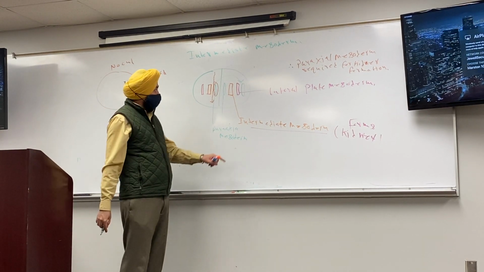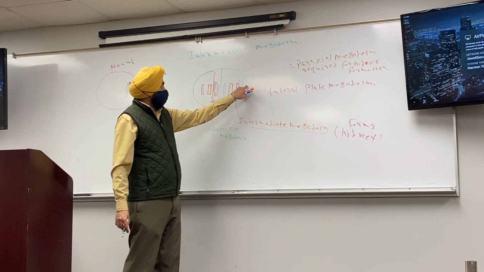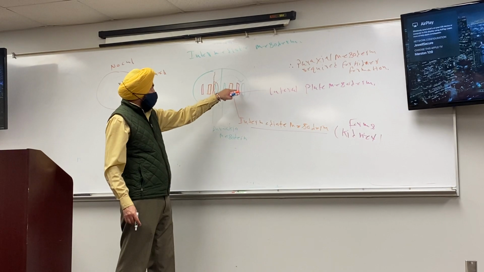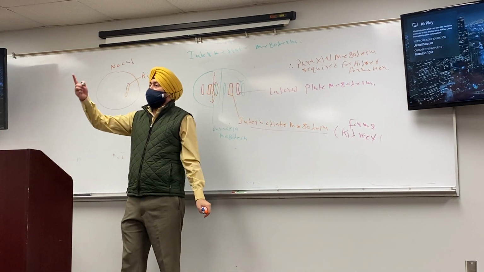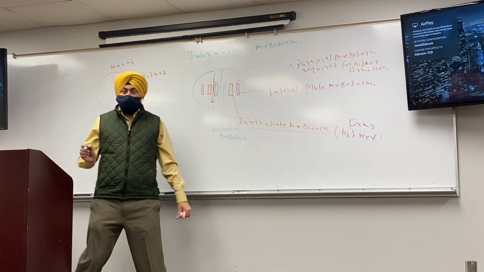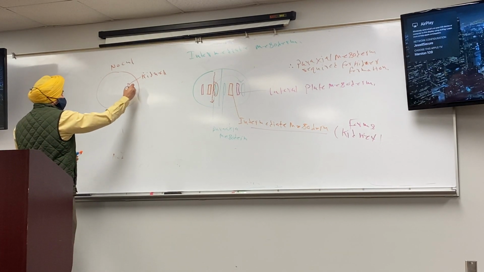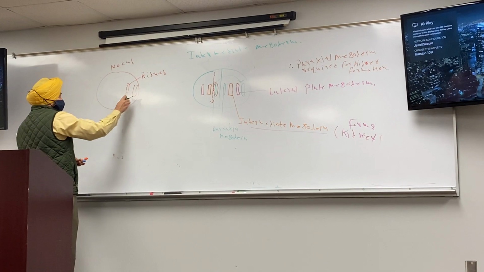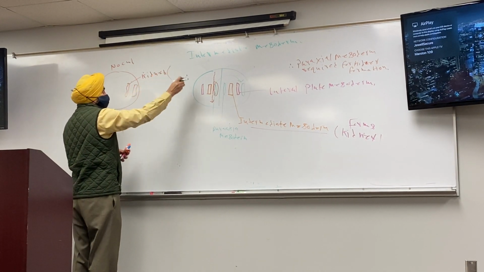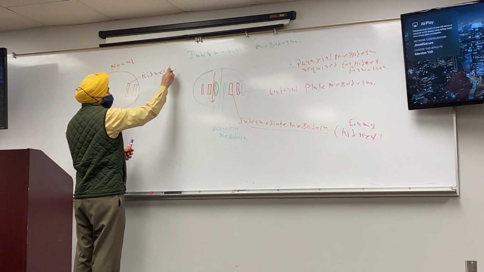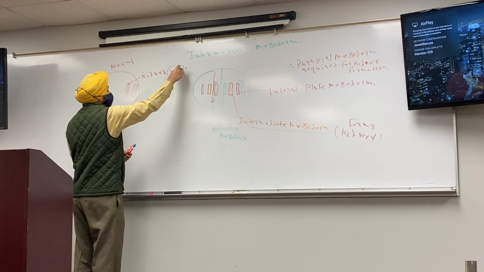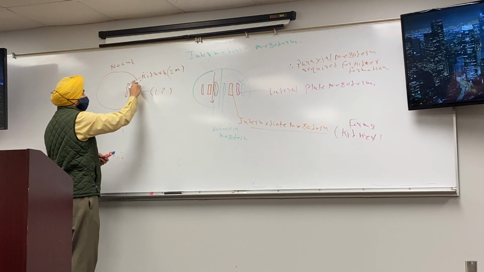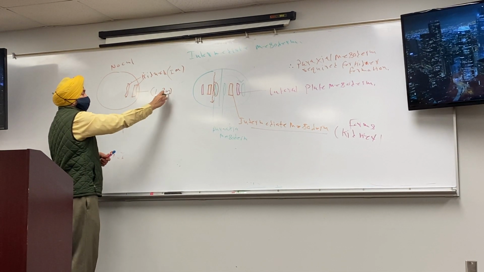But this paraxial mesoderm which you put here actually induces even the lateral plate mesoderm to form kidney. So you are going to have another kidney here on this side. This kidney is coming from intermediate mesoderm, and this kidney is coming from lateral plate mesoderm.